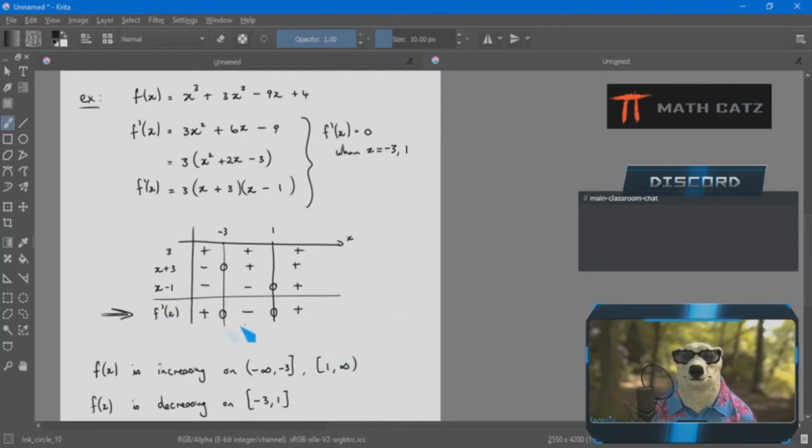If I look at the derivative at the bottom of this table here, remembering that the derivative refers to the slopes of tangent lines, right? Positive means my tangent lines are going up. I don't know how exactly, I'm just going to have a general upslope.